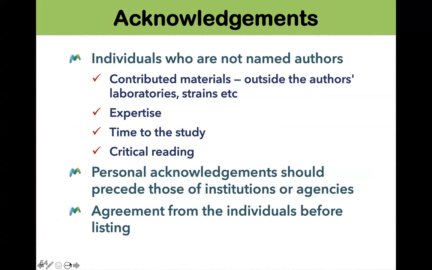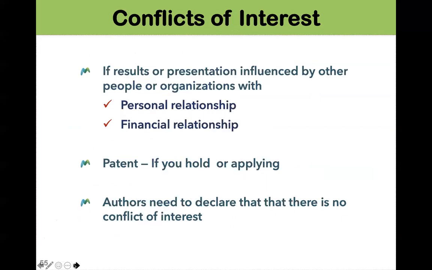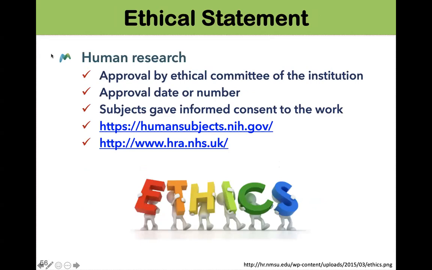I want to acknowledge Dr. Giri, but Dr. Giri has to agree that I'm allowed to acknowledge him in my papers. And you have to make sure that there is no personal or financial conflict, right? And if there is a patent application, you need to add that, and you need to declare there's no conflict of interest.